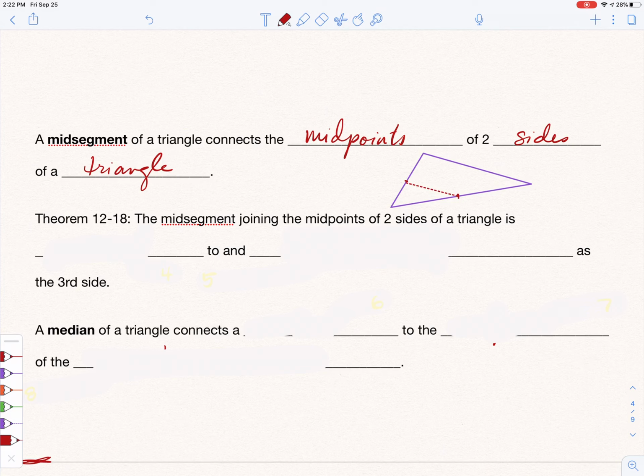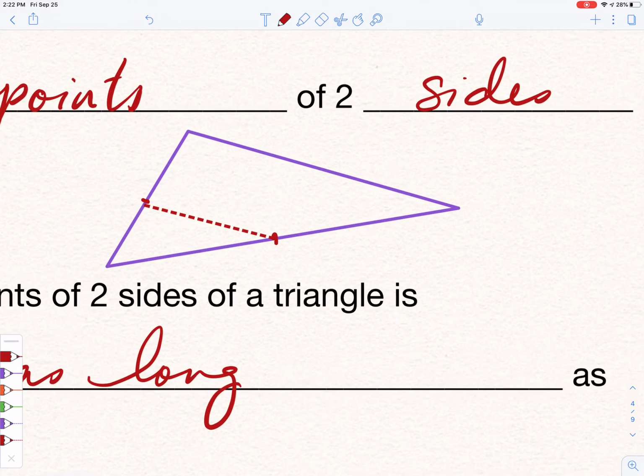Theorem 12.18 says that the mid-segment joining the midpoints of two sides of a triangle is parallel to and half as long as the third side. So what exactly does this mean? So when you take a look at our picture, maybe you can even tell with your eyeballs that this mid-segment is parallel to the side that it's not touching.